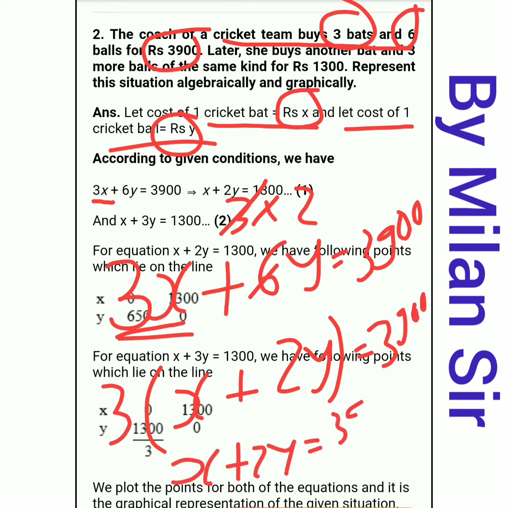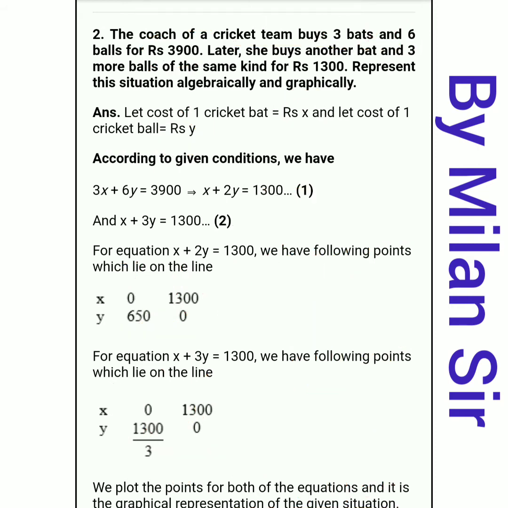So 3900 by 3 is 1300, right? So this is our first equation, x plus 2y is equal to 1300.